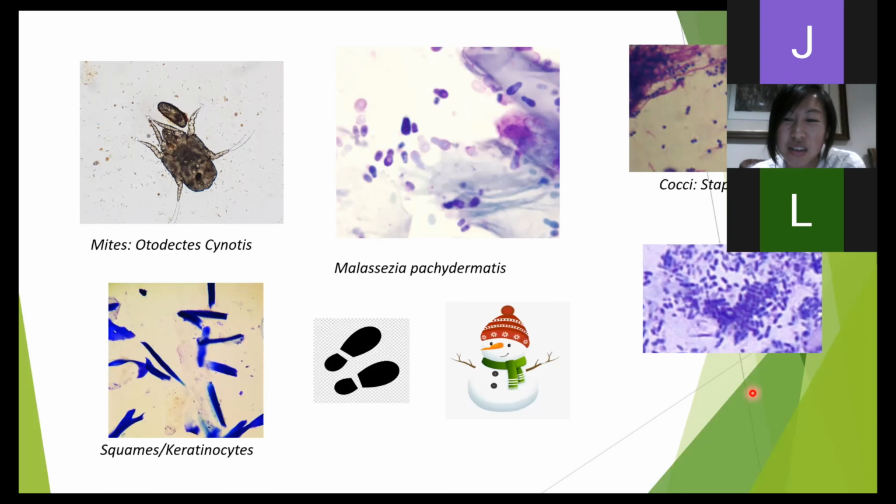So those are rod bacteria, okay? So with rods, you are thinking of either Pseudomonas, E. coli, or Proteus species. These aren't to scale. The bacteria are a lot smaller than the Malassezia, but it's just good to look at here.